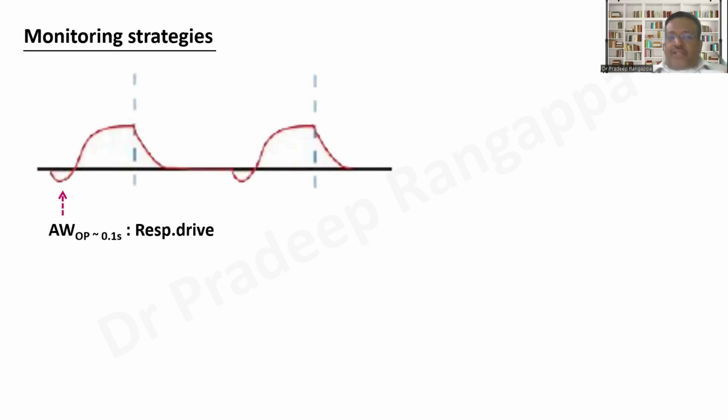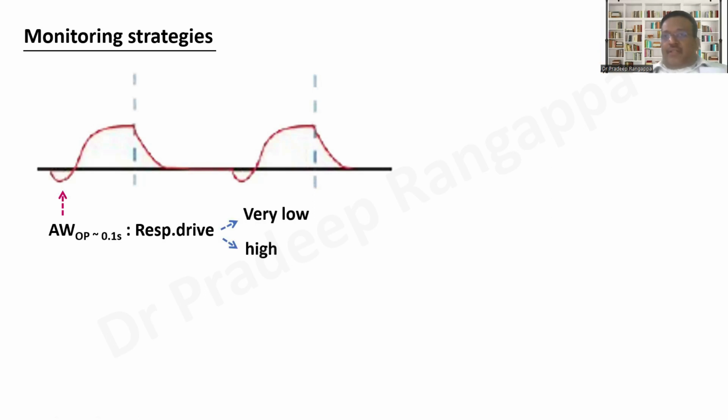So this is the deflection in the pressure when there is an inspiratory effort against an occluded airway for 0.1 second. So listen to this carefully. The deflection of pressure that happens when there is an inspiratory effort. That's why I'm showing a waveform where there is an inspiratory effort against an occluded airway for 0.1 second, which will tell you the respiratory drive, whether it is low or whether it is high.